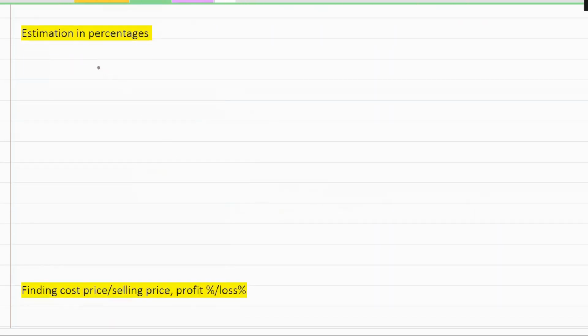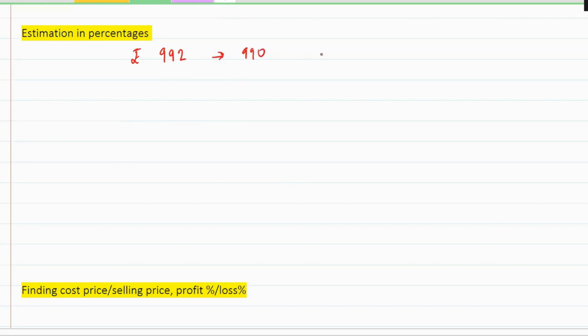Coming to estimation in percentage. Many times, actual calculation takes time. Suppose an object costs 992. What we do is first round it to the nearest value. Rounding this to the nearest value, I can take it as 990.